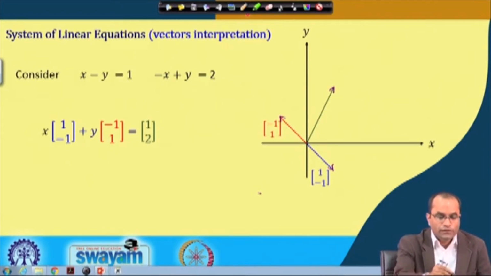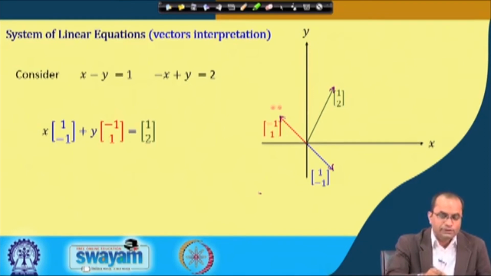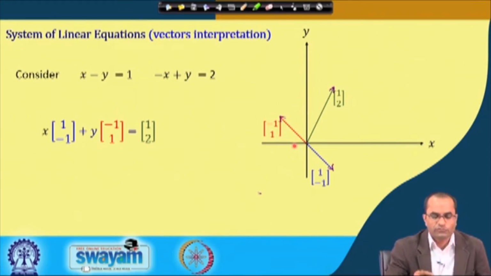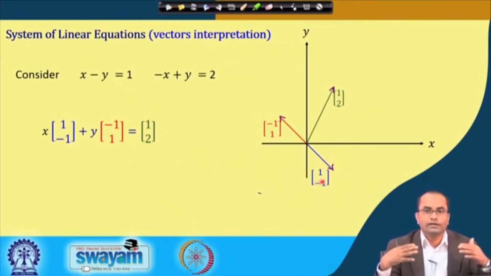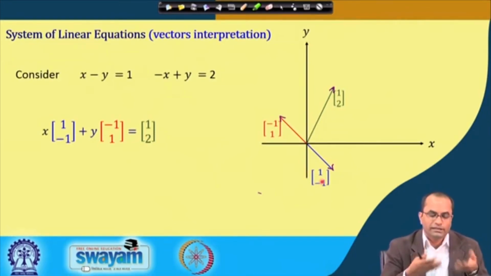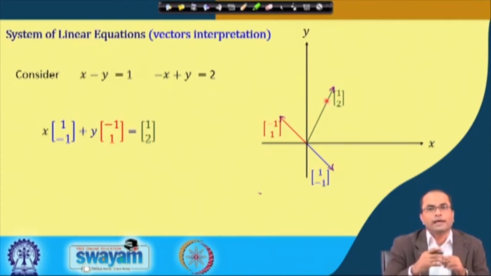So, now the question is, can we multiply some number to this vector (minus 1, 1), and multiply some number to this vector (1, minus 1), and add these two to get this vector (1, 2)?